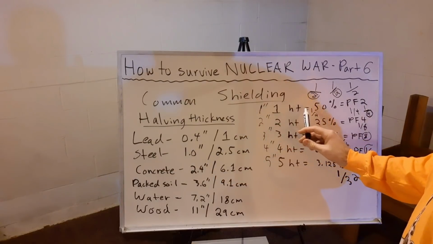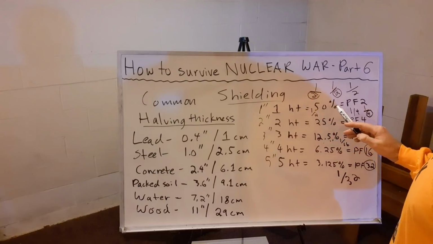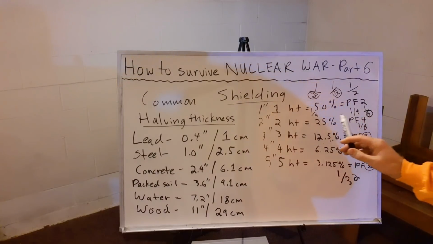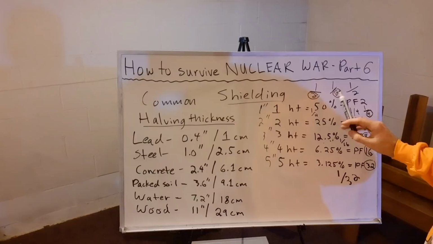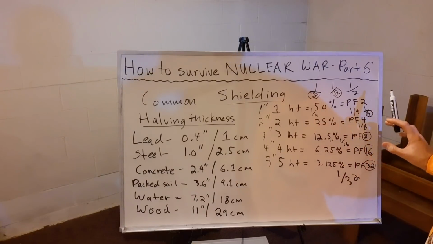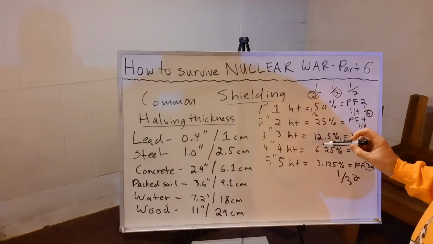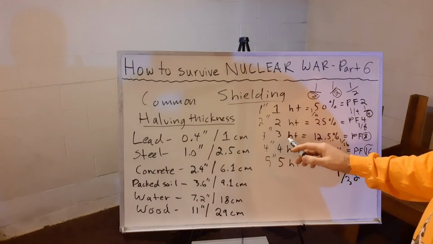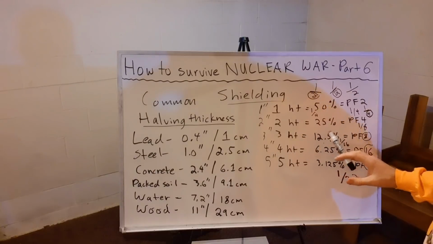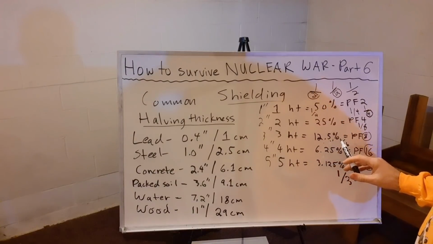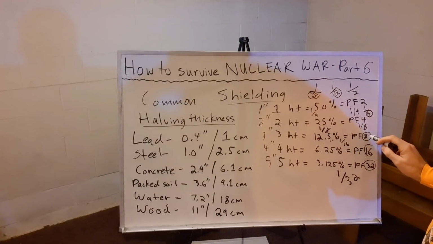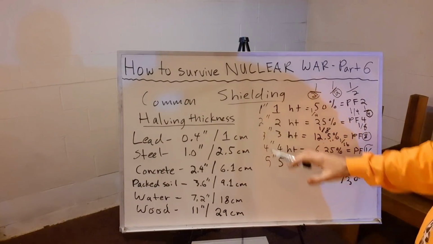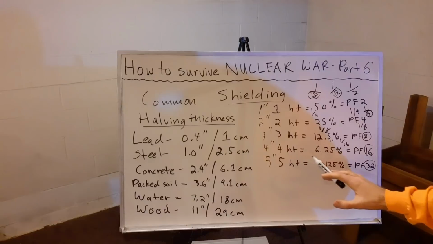So 1 inch of steel, you get 50% reduction for a protection factor of 2. 2 inches of steel is 2 halving thicknesses, 1/4 of the radiation, or protection factor of 4. 3 inches of steel, 3 halving thicknesses, you get 12.5% of the radiation, or 1/8 of the radiation, protection factor of 8, and so on and so forth. I hope this makes sense.